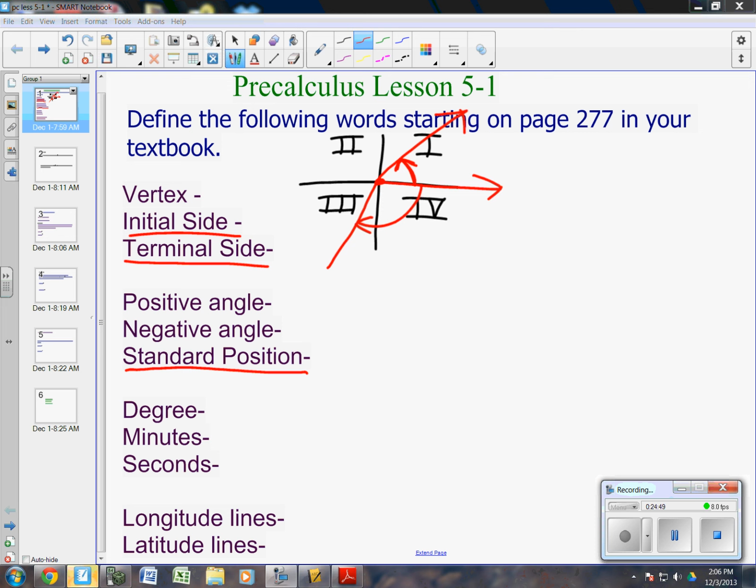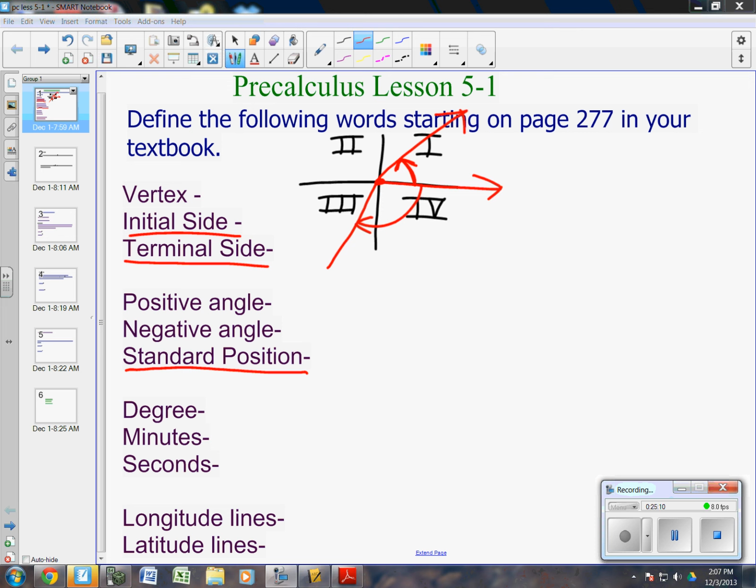Now, one thing you're going to find out about in trigonometry, it's not like geometry where we only studied angles between 0 and 180 degrees. We're going to study angles of infinite degrees. Yes, Ellie? You could call it a 270-degree angle, but here's the other part of it.